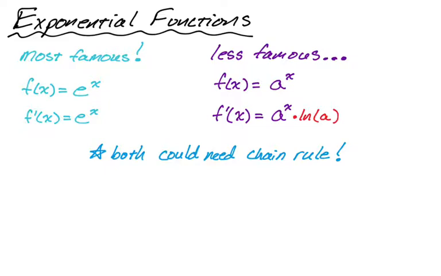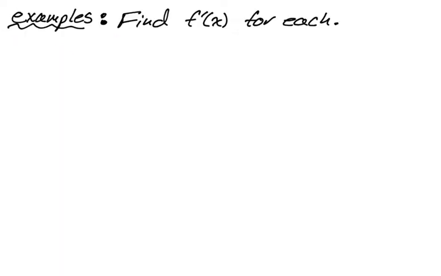So now what I'm going to do is I'm going to do 4 examples just so you get an idea of what's going on. And it's really just about not forgetting. So don't forget that natural log of a. So if my first example is f of x is e to the 5x. All right, so this is going to be a chain rule problem. The derivative of e to the anything is going to be e to that thing.